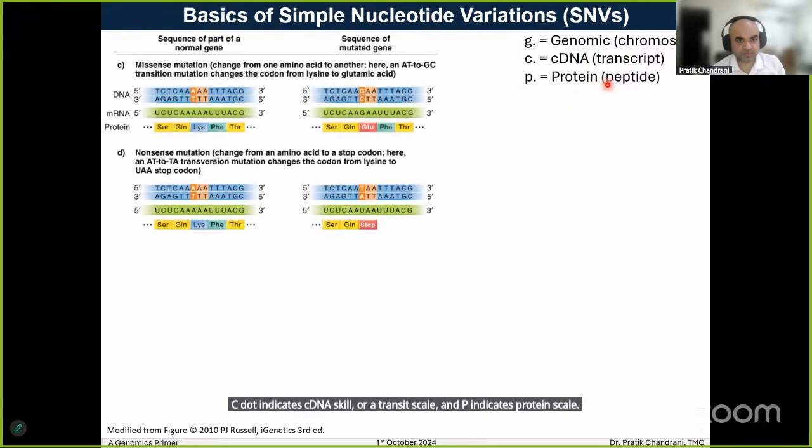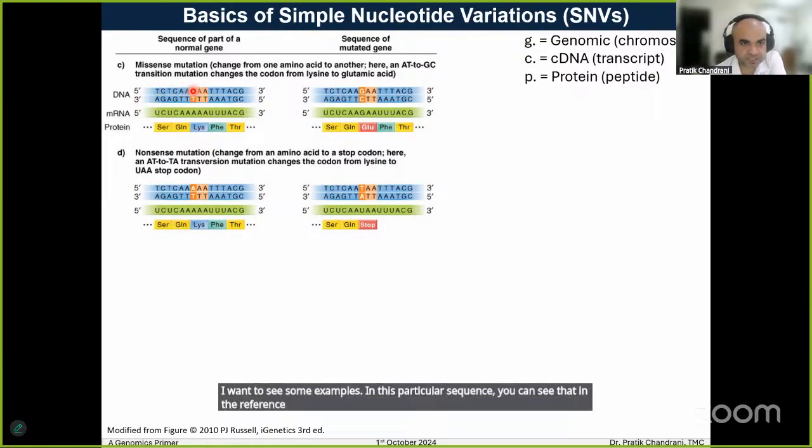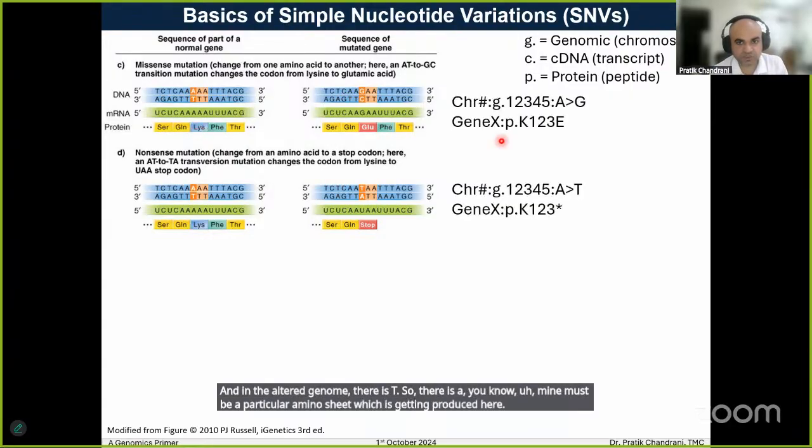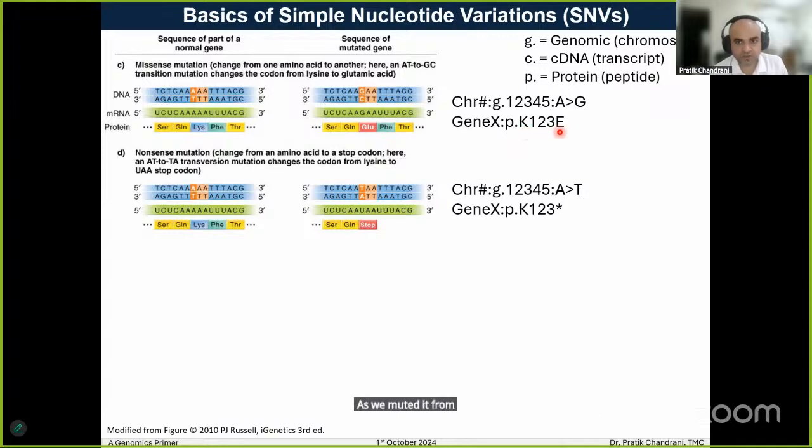Now let's see some examples. In this particular sequence, you can see that in the reference genome there is A, and in the altered genome there is T. So there is a particular amino acid which is getting produced here that has been mutated from K to E. So if this is chromosome 1, let's assume this is chromosome 1, we can write chr1 colon g dot 12345 A to G. So on chromosome 1 at position 12345, there is an A to G mutation.